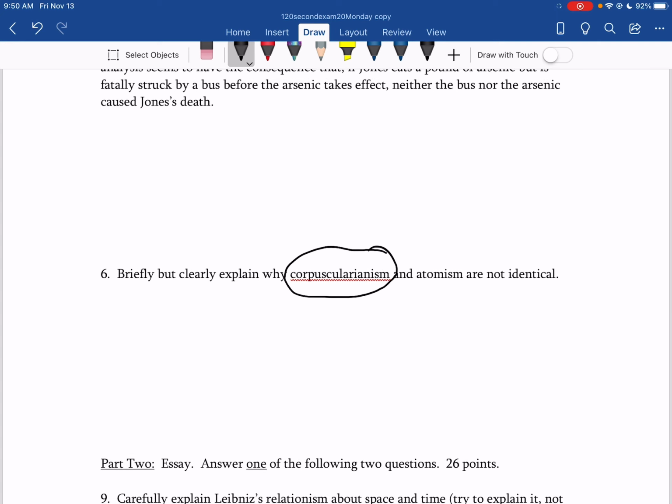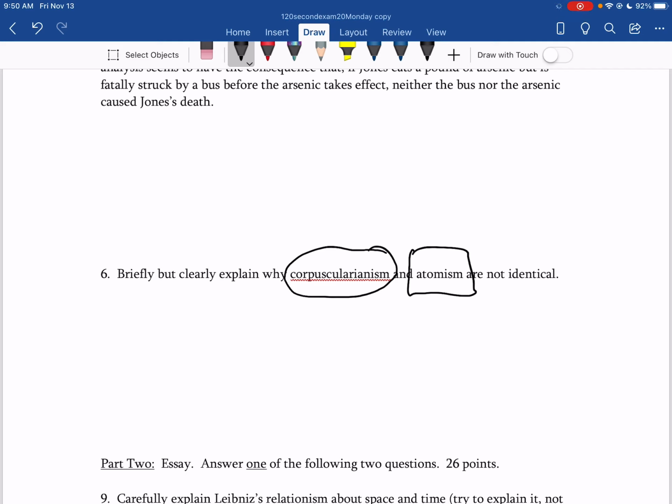Corpuscularianism is the genus. Atomism is a species of that genus. Corpuscularianism is the hallmark of the so-called new philosophies that arose in the 17th century. They try to explain everything in terms of matter in motion.